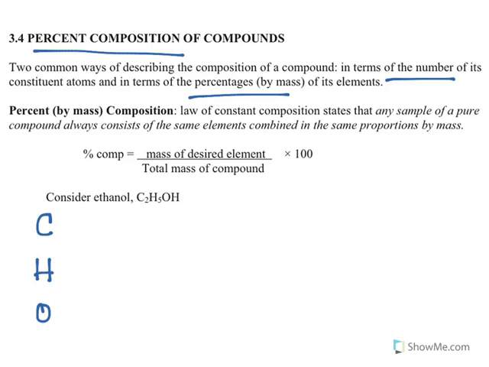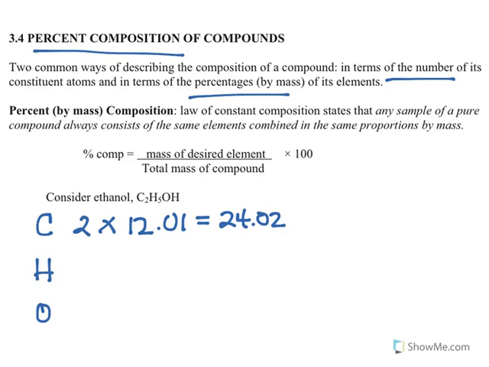I have 2 atoms of carbon, and they would each represent a mass of 12.01. So I'm going to multiply the subscript times the mass in order to get the total mass in the compound that comes from carbon. So 24.02, and then I'll do that for the other parts.